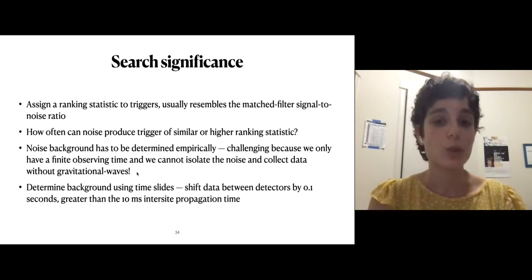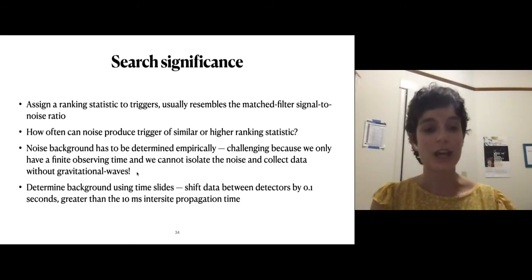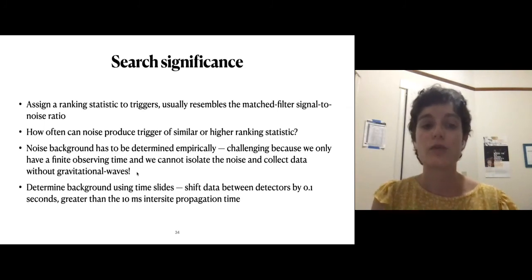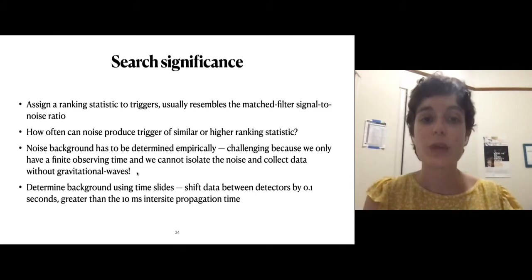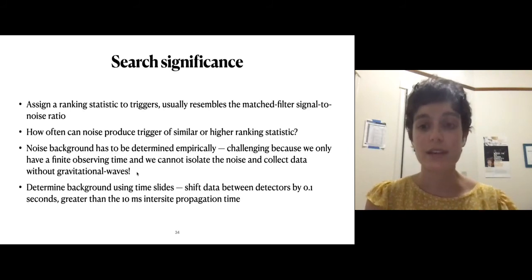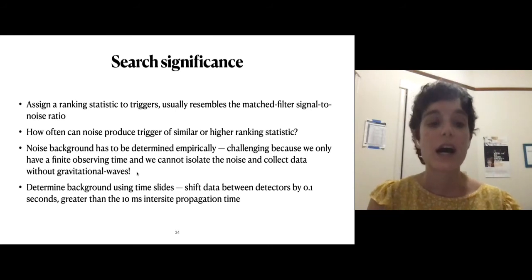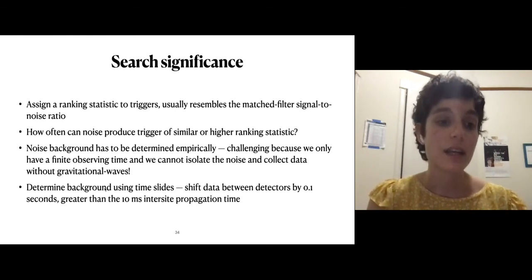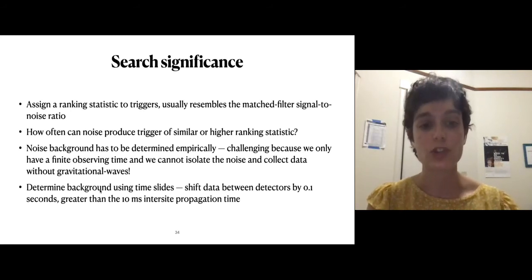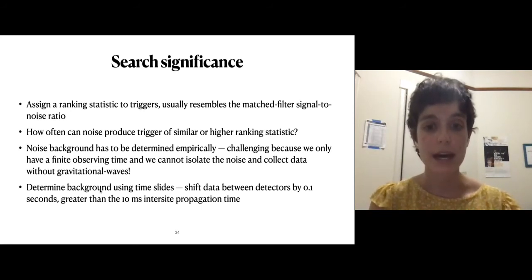So even if we could turn off the universe and know that we're analyzing just detector noise, if we've only observed for 2 years, the most we can ever say is that noise doesn't produce something so significant once every 2 years, which is not very significant. So what's actually done is to determine the background noise distribution using time slides.